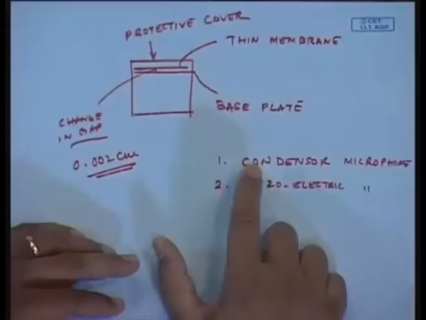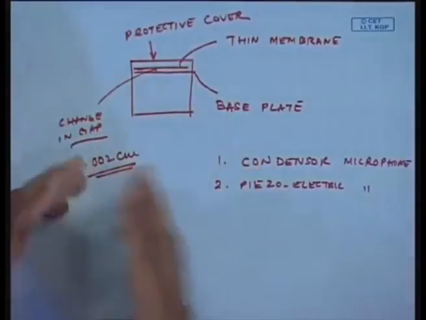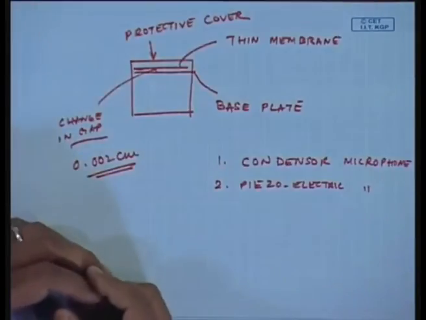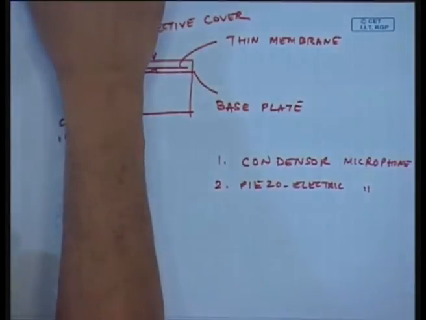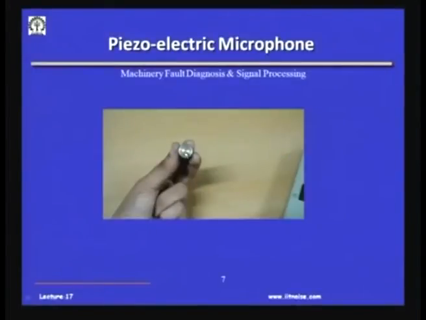And again, similar to the observations in accelerometers, when the diaphragm diameter reduces, the natural frequency is high. So, the smaller the diameter, and this is about half an inch here, the typical frequency range is up to about 20 kilohertz. If I make it smaller, I will have microphones up to 70 kilohertz, up to 200 kilohertz.